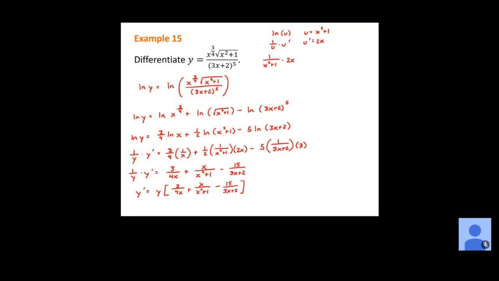All right, and then like Dean said, now we can substitute the y value, which is the original function, back in for y so that everything's in terms of x again.